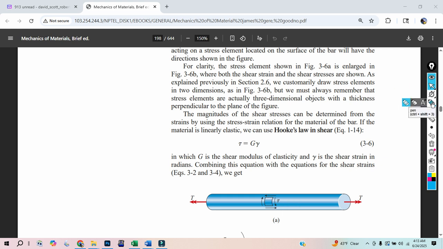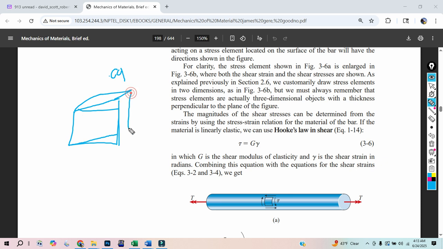If I see this angle form and it's 0.001, and if it was 0.004 the stress would be, let's say, 40,000, so I know the stress is 10,000 psi, which is pounds per square inch of shear stress.